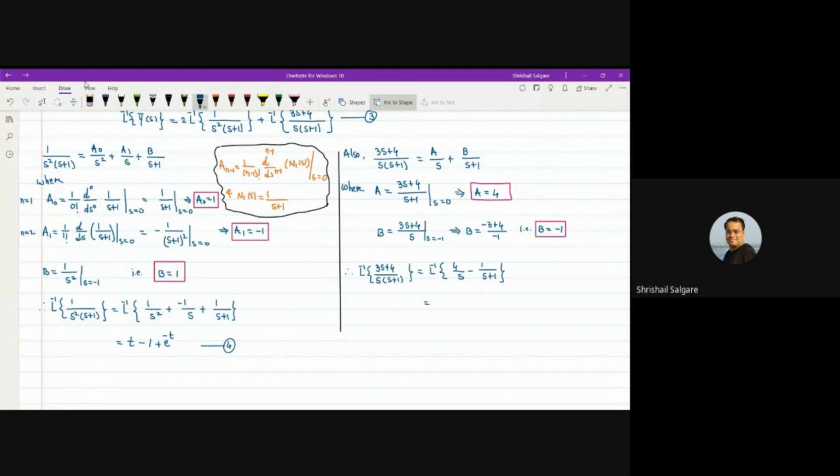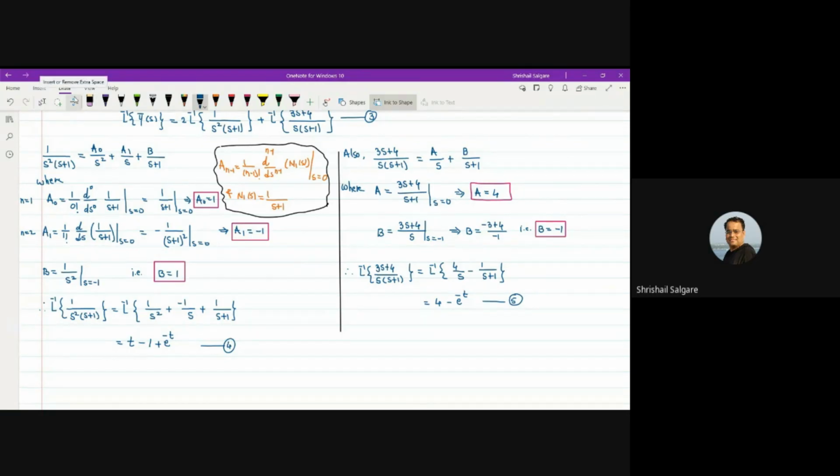So which is given as, what is the inverse Laplace transform? If you use the linearity property, 4 minus e to the power minus t. Okay. Suppose this is the fifth one.